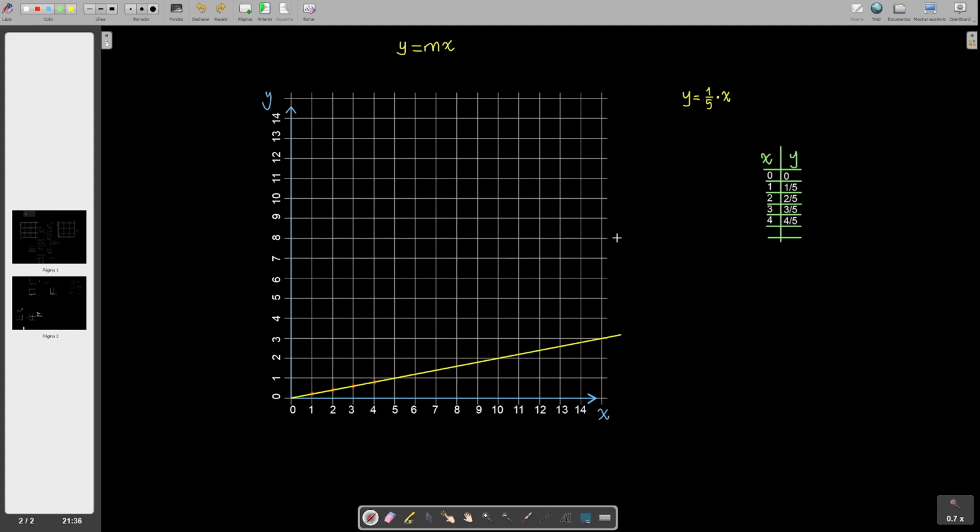So let's say, for example, I want to move or translate this line upwards by 3 units. If I add a 3 to the right side of the equation, for 0, instead of 0 I'm going to get 3, because this is going to give me 0, and now my offset is going to produce this plus 3, and our point is going to be moved here.